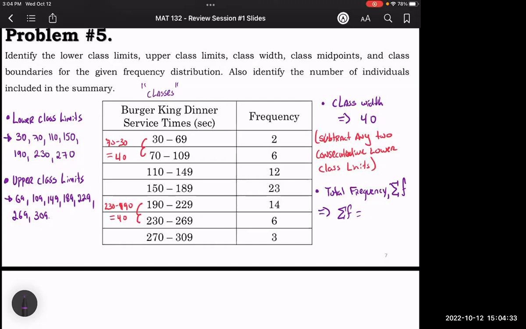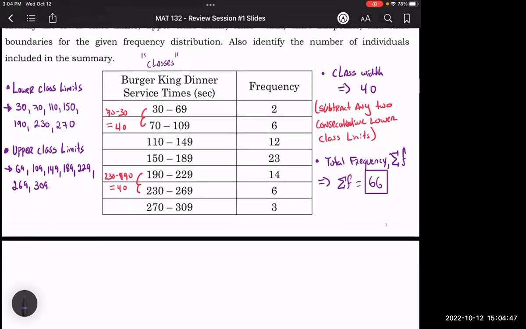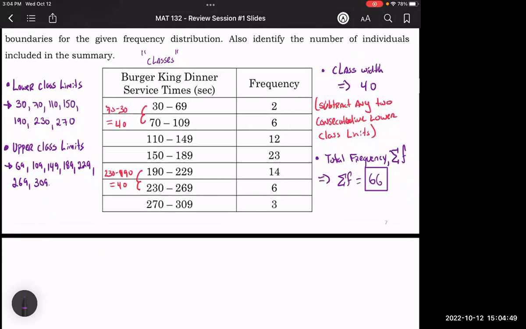Is it 66 or 56? 66. That's right. Okay, so we got our total frequency. Now we just need to do class midpoints and class boundaries.